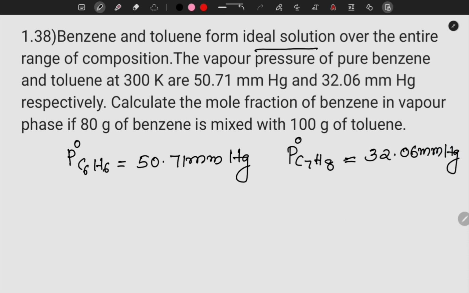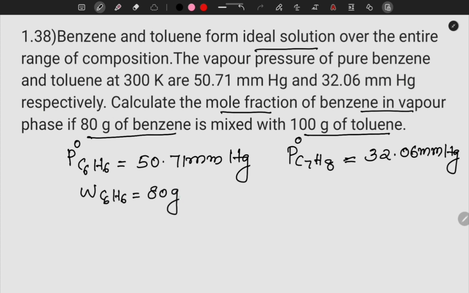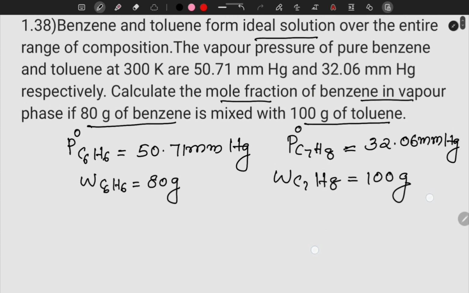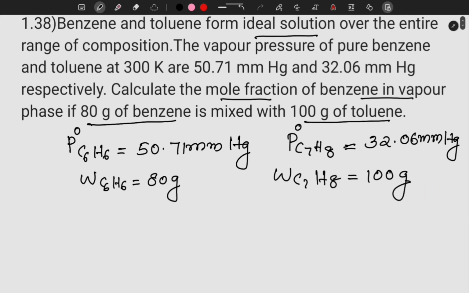Now calculate the mole fraction of benzene in vapor phase if 80 gram of benzene is mixed with 100 gram of toluene. So mass of benzene is 80 gram and mass of toluene is 100 gram. First let us find out the number of moles of each component.